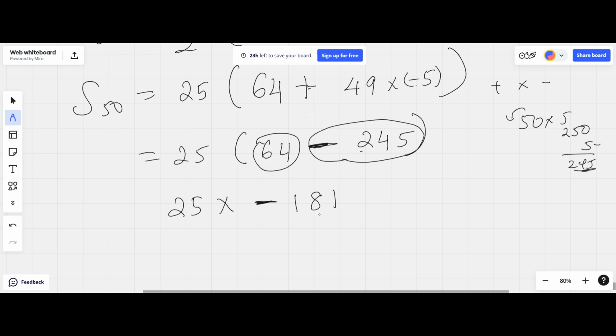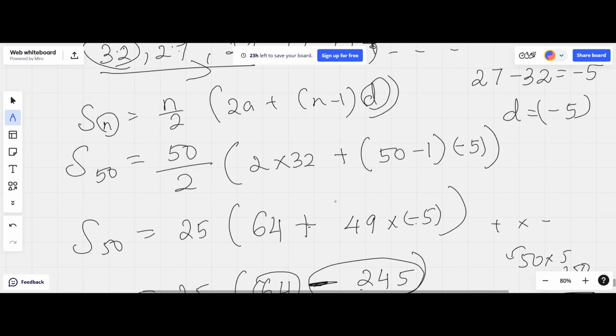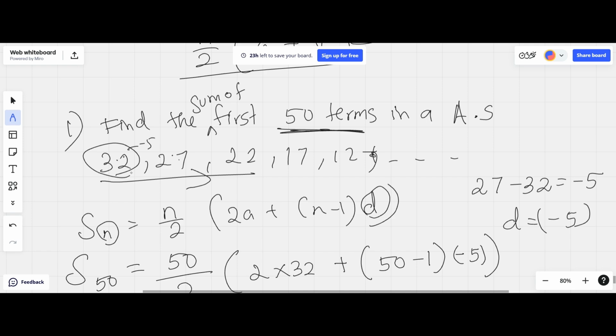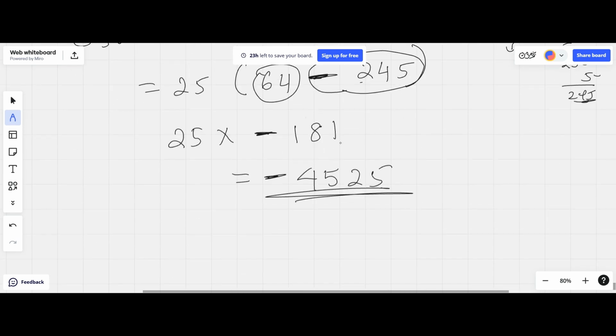Now 181 into 25, with minus into plus giving minus, it will be minus 4,525. So if you add the first 50 terms of this sequence, you will get minus 4,525.